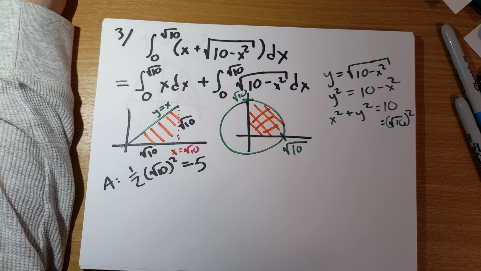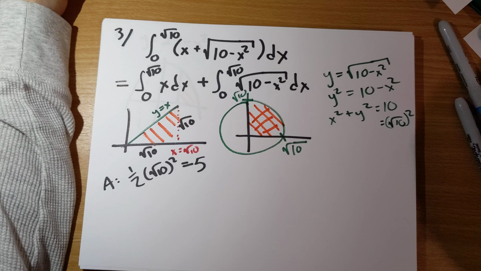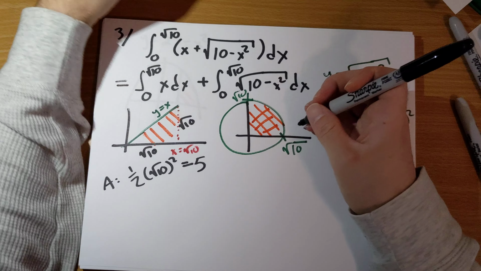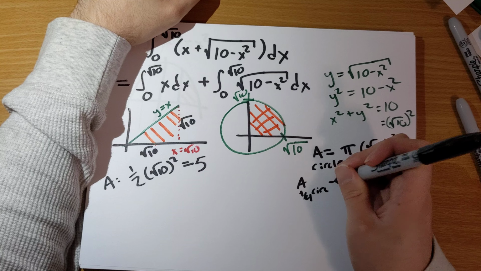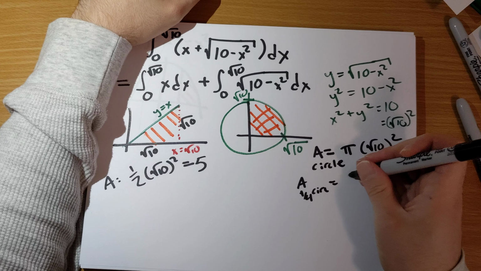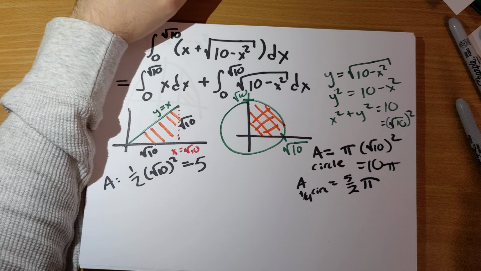It's a quarter of a circle of radius square root 10. We know that the area of the entire circle is pi times the radius squared. The radius is square root 10, so this is 10 pi. And so the area of the quarter circle, a quarter of this, is 5/2 times pi.